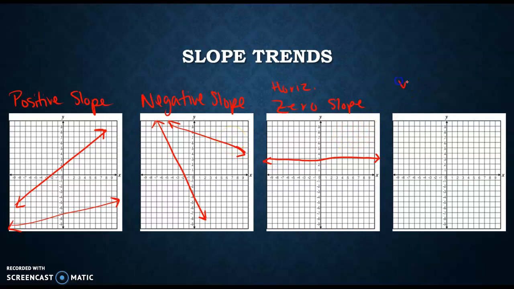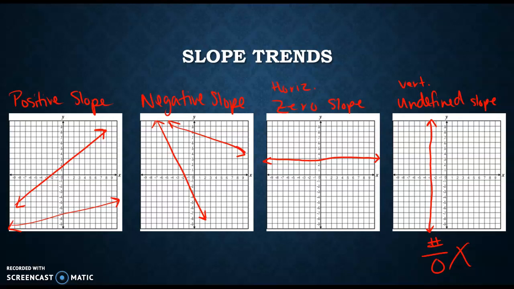And then our other is the vertical, and that's an undefined slope. The reason for that is because there is no change in x. And if there's no change in x, then we have any number over 0, and we cannot divide anything into 0 parts or 0 equal groups.